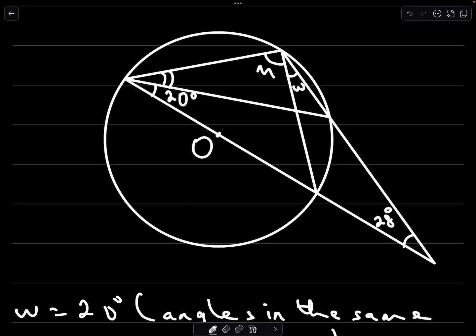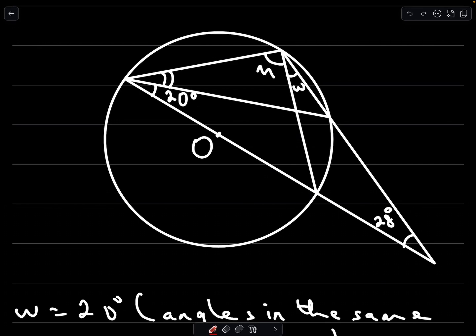Now, what else do we need? Now that we have angle M and angle W, if you look at this triangle, we'll see that these are the angles inside it. This angle, the whole of this angle, and this angle. When you add all of that together, you get 180.